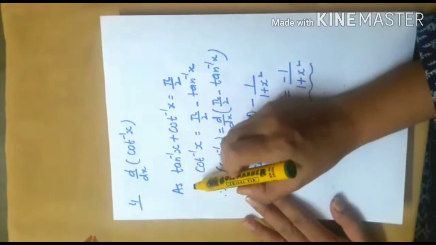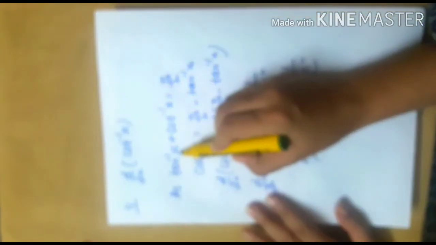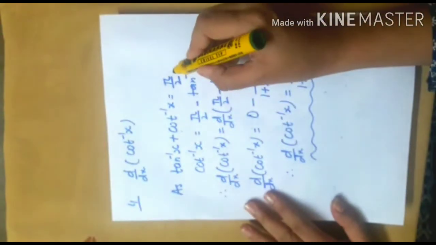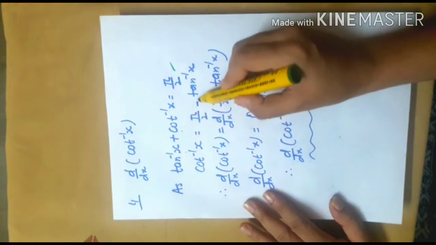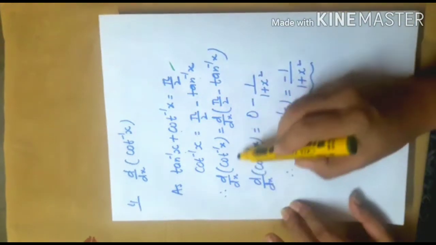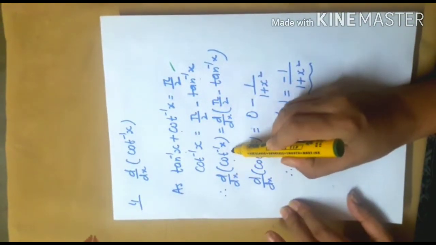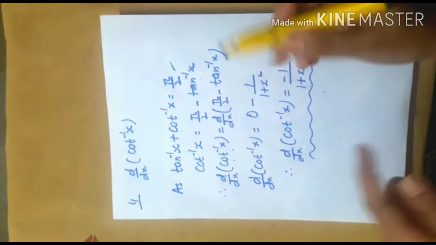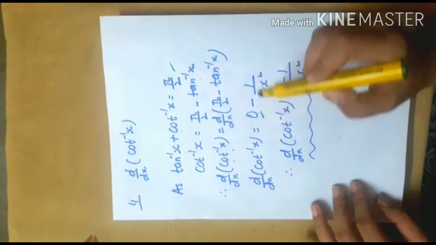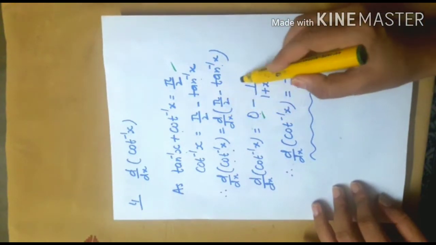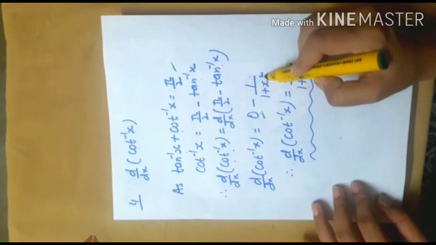Now, we know that tan inverse x plus cot inverse x is equal to pi by 2. So from here, cot inverse x will be pi by 2 minus tan inverse x. Therefore, the derivative of cot inverse x will be equal to the derivative of this. The derivative of pi by 2 is 0 and the derivative of tan inverse x is 1 over 1 plus x square.